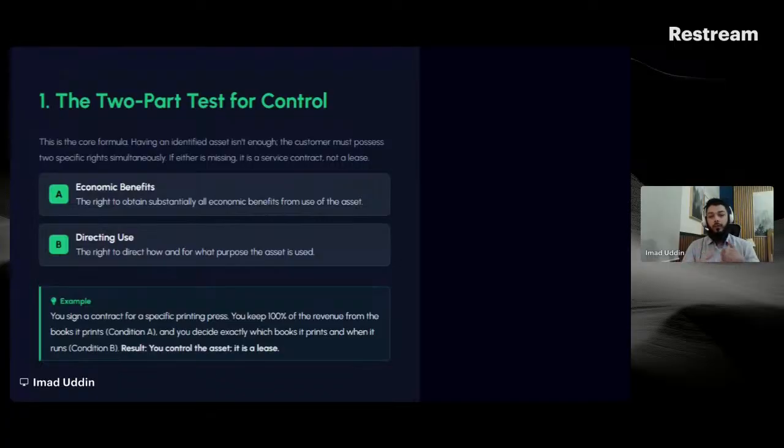And condition B is fulfilled if you can decide how many books to print, which book to publish, and all that. If both these conditions exist, you have the right to control that asset.